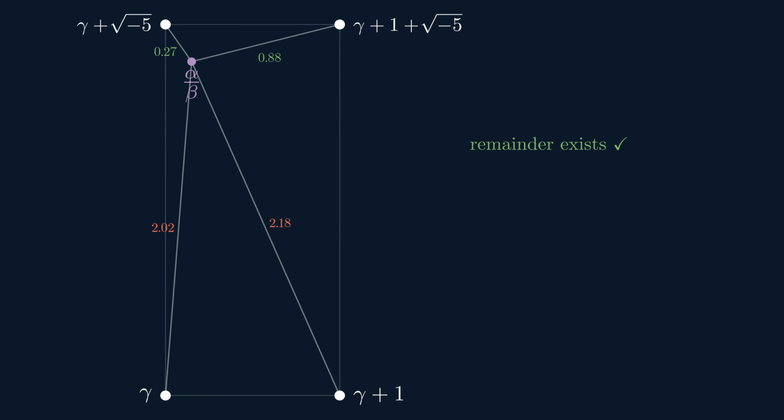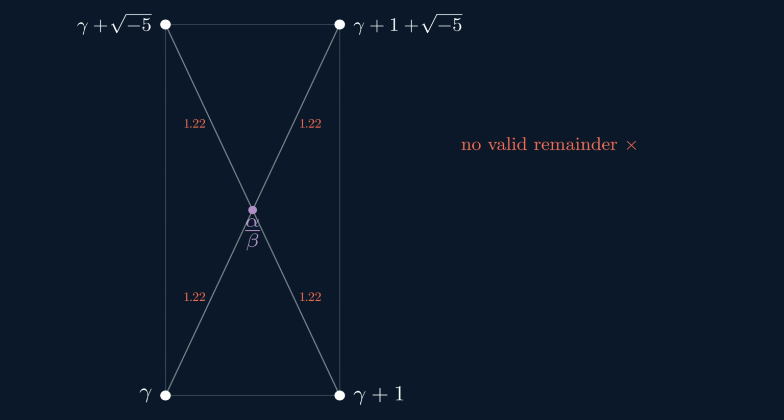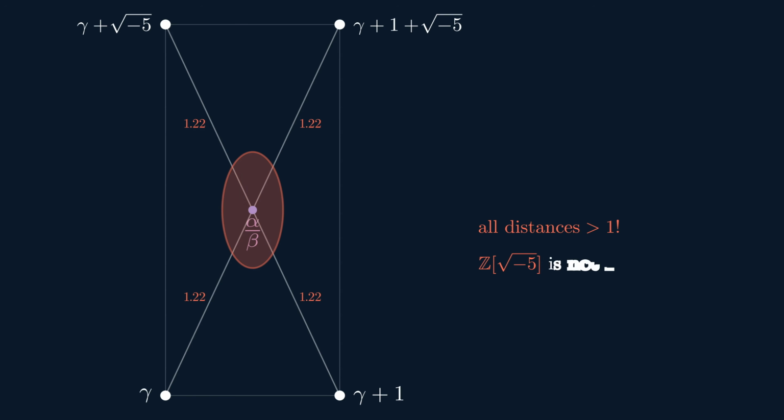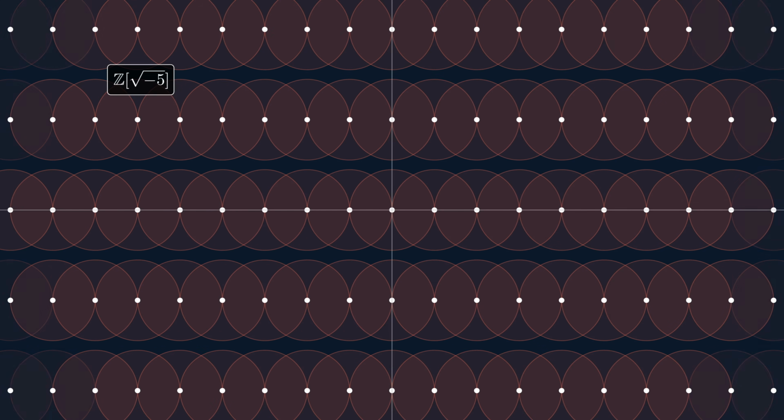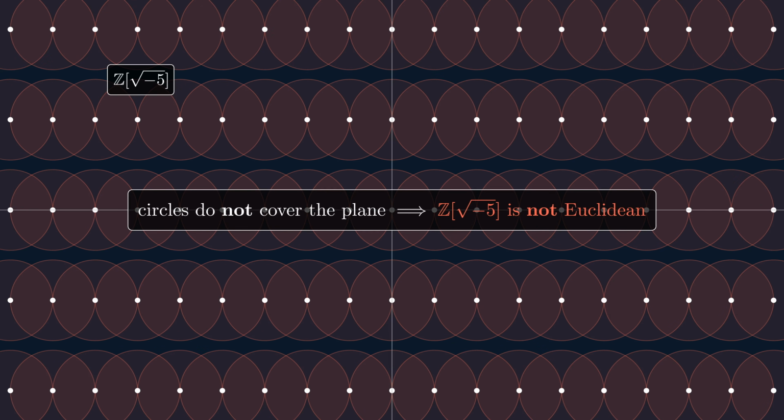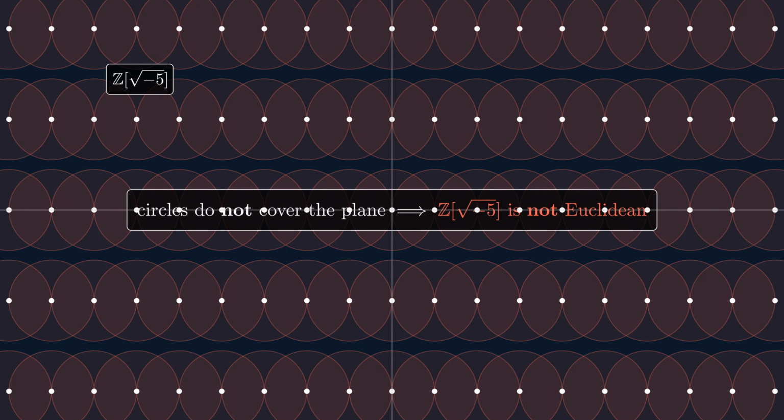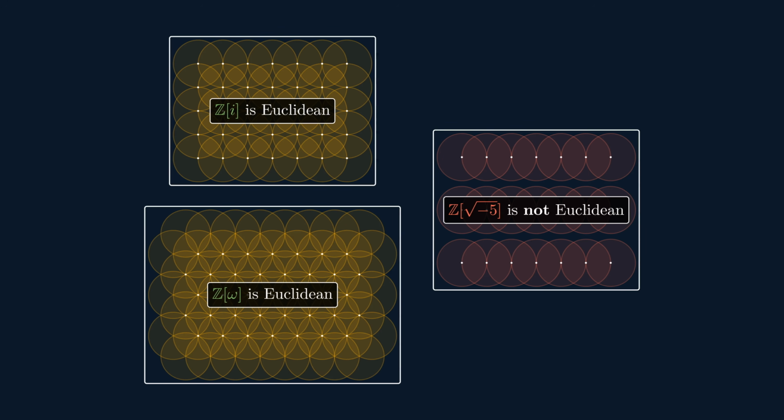There is no lattice point close enough to produce a quotient and remainder pair. And if you zoom out, you can see this globally. When we draw the circles at every lattice point, there are gaps. The tall, skinny rectangles leave uncovered regions, and that's geometrically why Z adjoining the square root of -5 is not Euclidean. It does not admit a quotient. It does not admit a division algorithm.